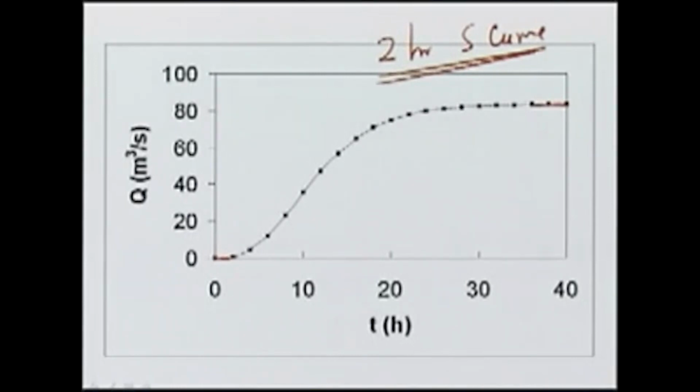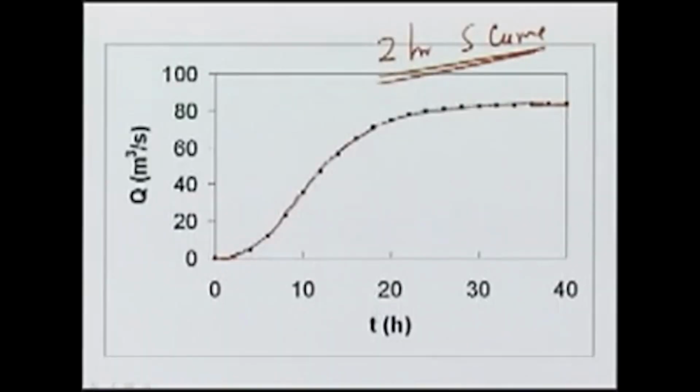So, the slope is 0 here, increases, then there is a point of inflection. After that, it will start decreasing, and then ultimately the slope will become 0. And the instantaneous unit hydrograph can be obtained as 1 over I, which in this case will come out to be 2, since I is half, into ds by dt.